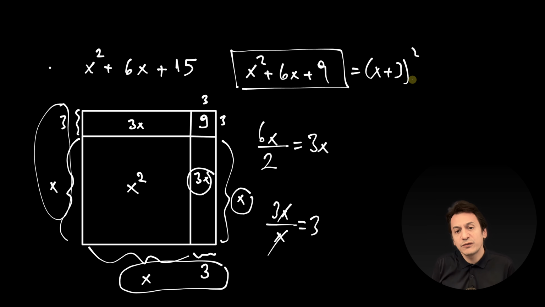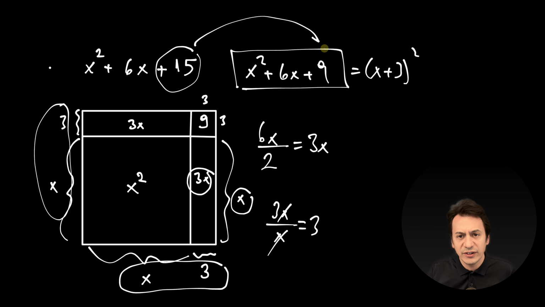But it has 15. So how should I put it? As you can see, this expression is 6 more than this expression. So I can write x squared plus 6x plus 15 equals, now I can write this expression, which is x plus 3 squared.